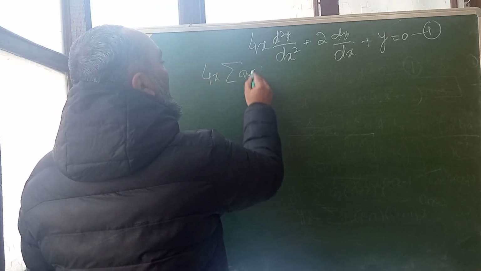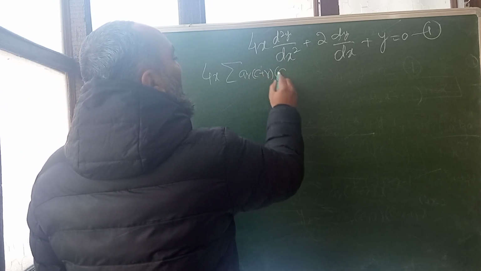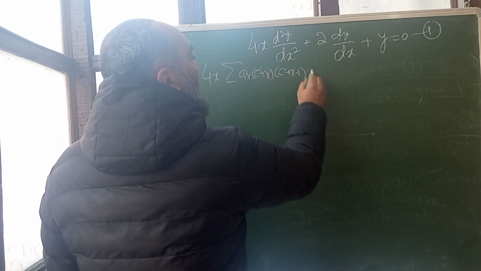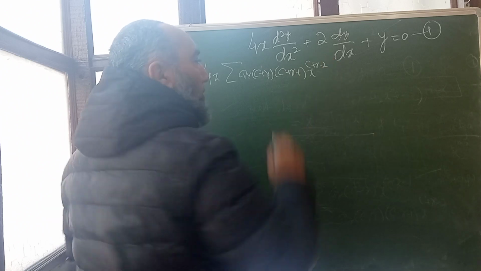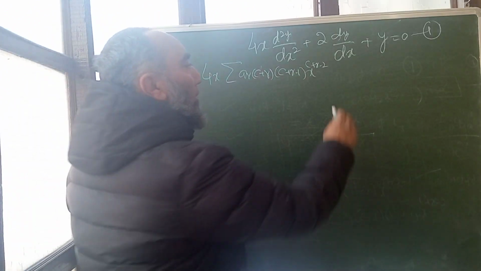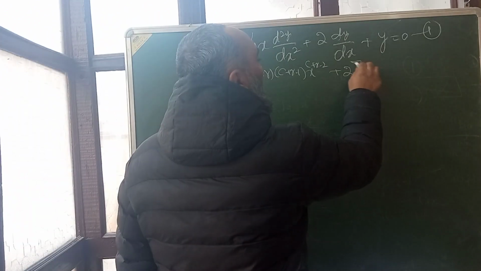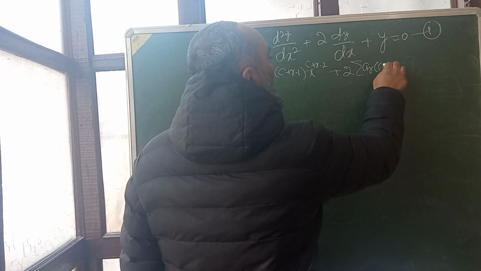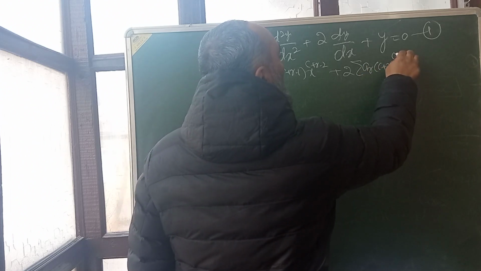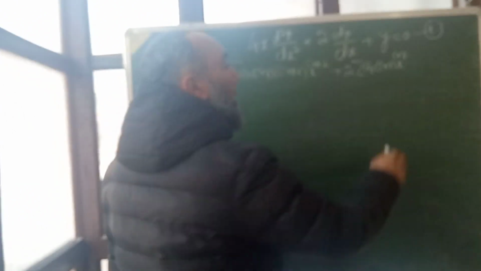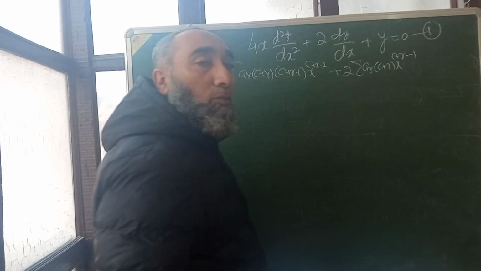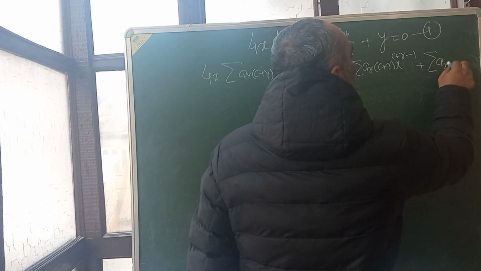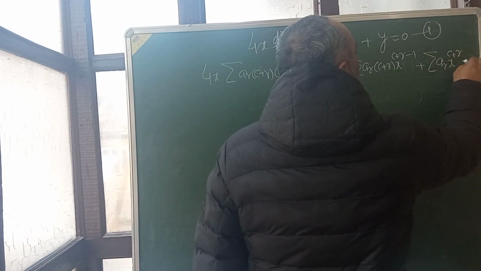We have seen y2 is ar c plus r c plus r minus 1 x raised power c plus r minus 2. Then y1 is summation ar c plus r x raised power c plus r minus 1. And my y is summation ar x raised power c plus r equals 0.